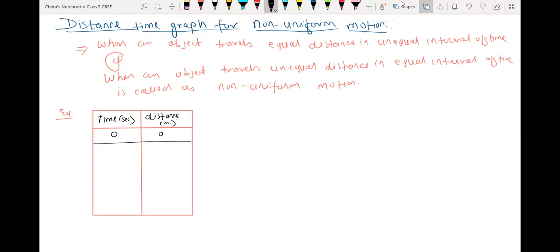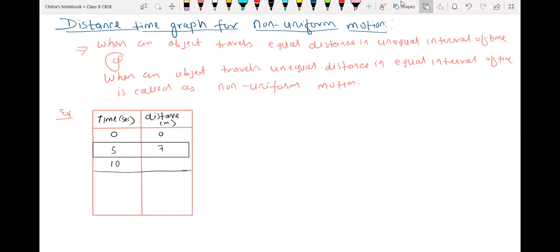After 5 seconds we are taking distance of 7 meter. Then at 10 seconds the distance will be 12.